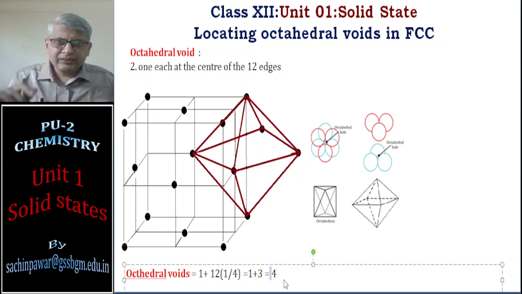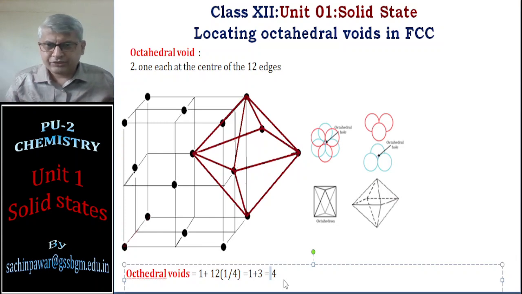Before I conclude this location of tetrahedral and octahedral voids in the FCC, in your government text, this part, locating the tetrahedral void and octahedral void in FCC, is present in yellow bars. That means the question on this will not come in the annual examination.